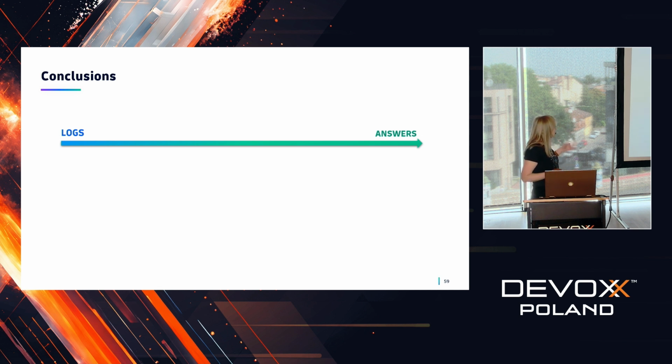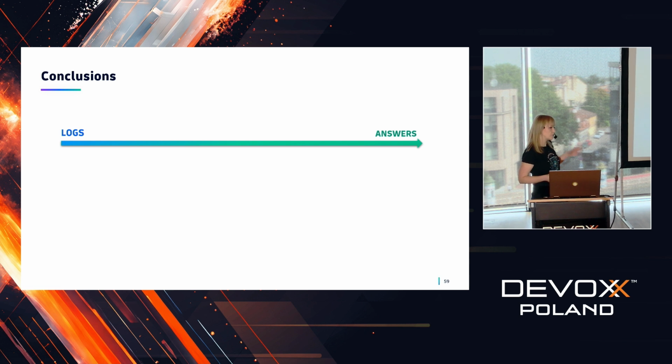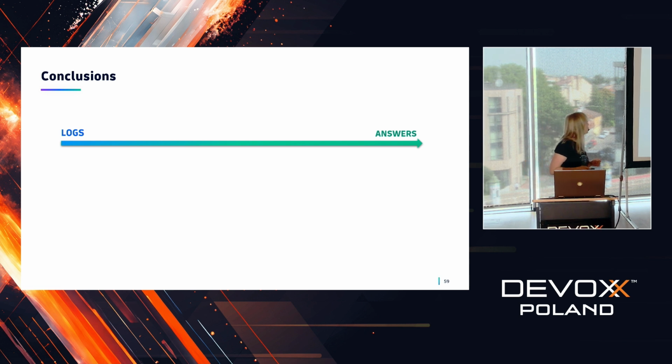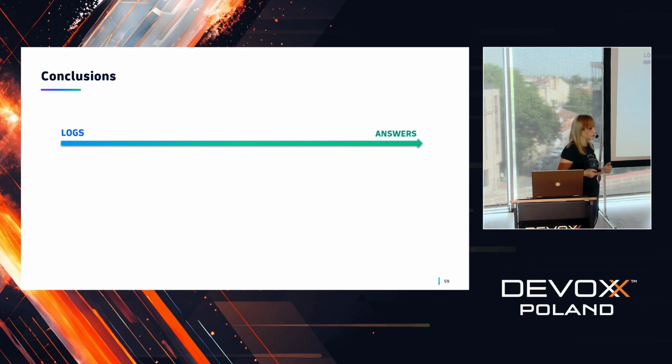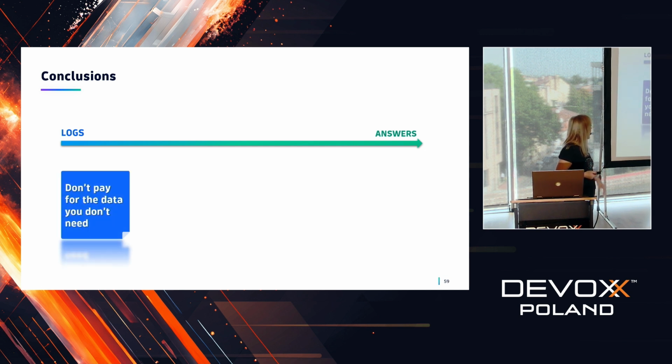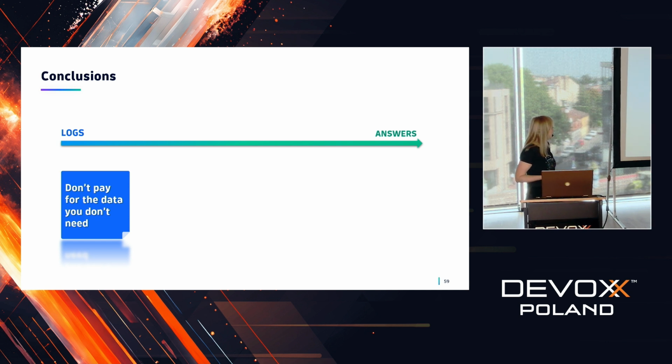So by mastering log analysis, we can transform our raw log data into actionable insights. And it's not just about finding the answers, it's also about asking the right questions. So how to use our log data and how to automate based on it. So here are the key points that I would like to emphasize.